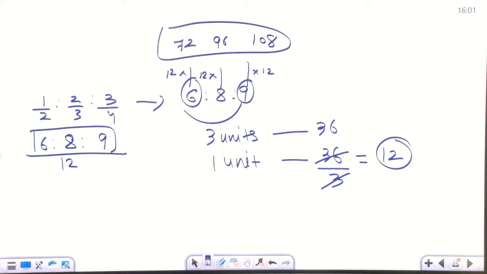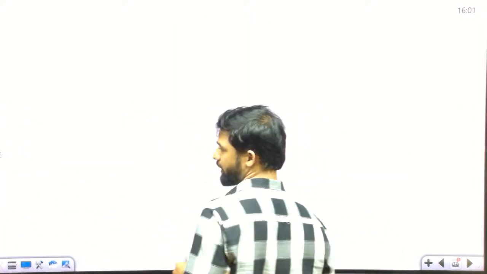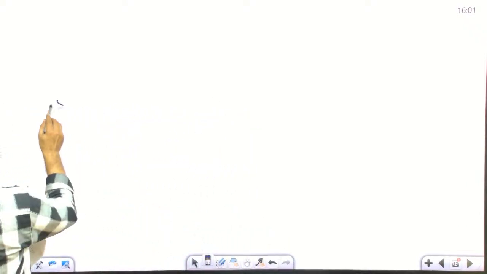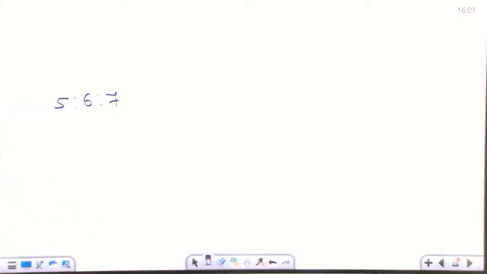Write the next question. Three numbers are in the ratio 5 is to 6 is to 7.